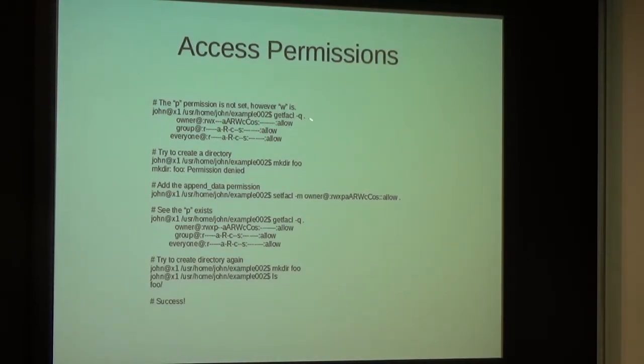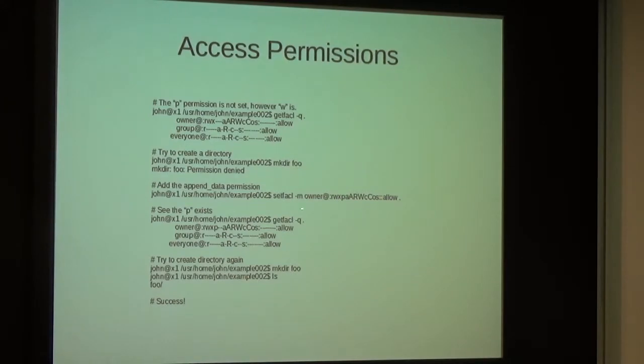Here I'm just showing what the access permissions look like without the P. And then I go here to try to make a directory, and I get a permission denied. And here, use setfacl to add, modify, and delete ACLs, by the way, in case you guys don't know that.